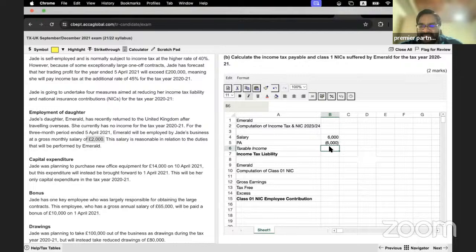So if that is the case, now her taxable income is becoming 0. Do you agree? Awesome. If the taxable income is 0, then what will happen to the income tax liability? That is also going to be 0. Super. So I put a 0 here.